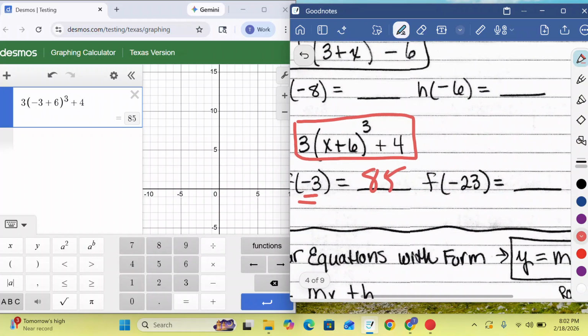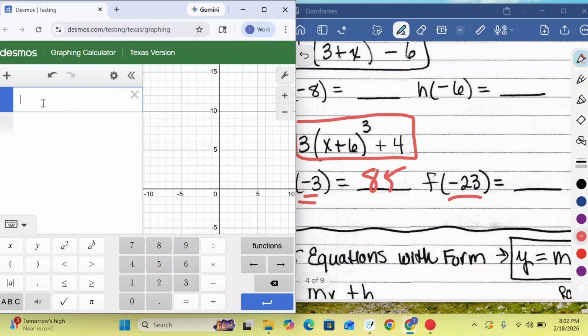Now I'm going to do the next one, and now I'm going to evaluate for f of negative 23. So in place of x, I'm going to put negative 23.